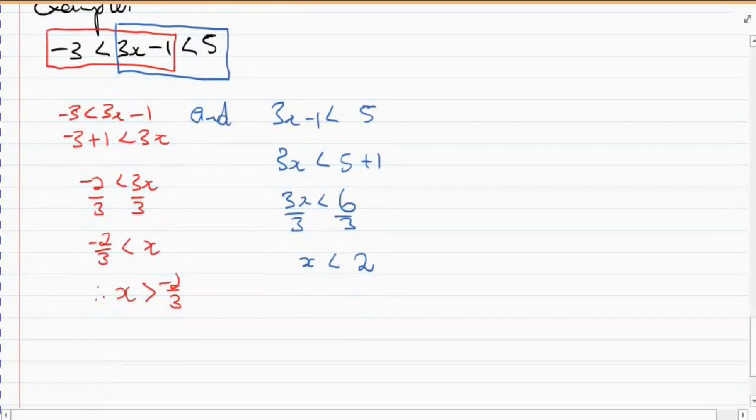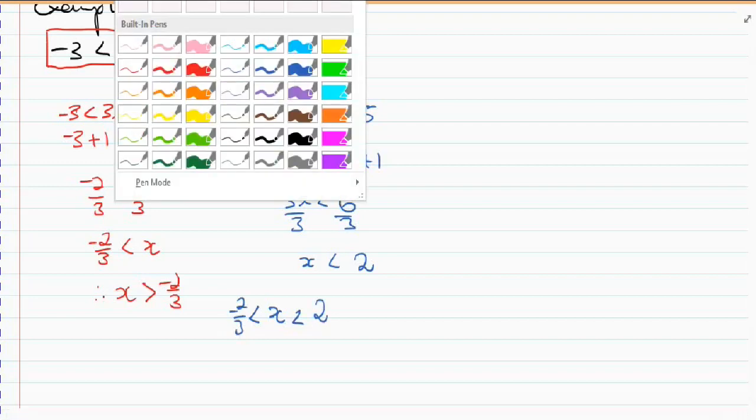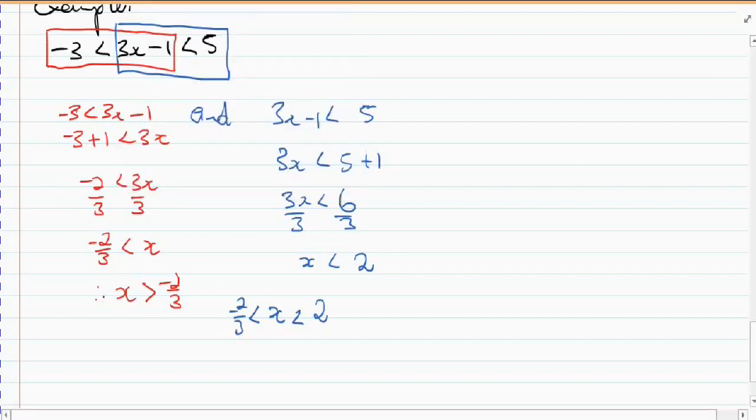Now putting it together, remember x must be bigger than -2 over 3, but less than 2. Representing the solution on a number line, -2 over 3 is smaller than 2, so it comes first.